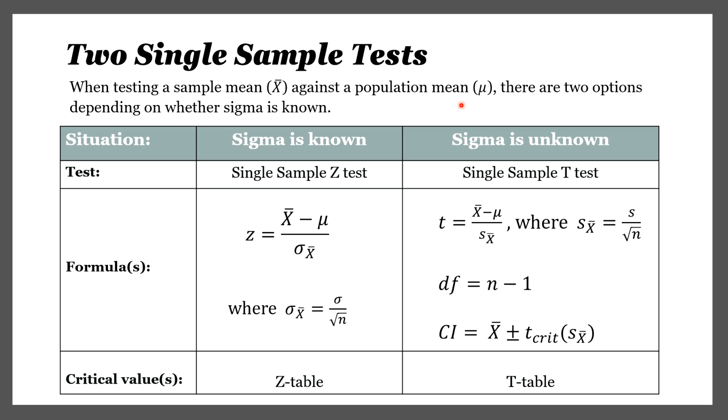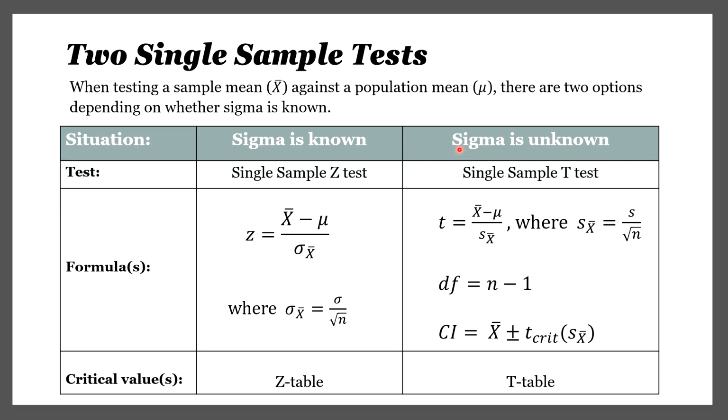And again, sigma is the population standard deviation. So if sigma is known, you would use a single sample z-test. And here is the formula. And your critical values will come from the z-table that we talked about in chapter 8.